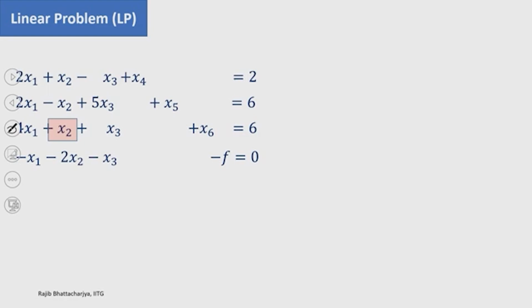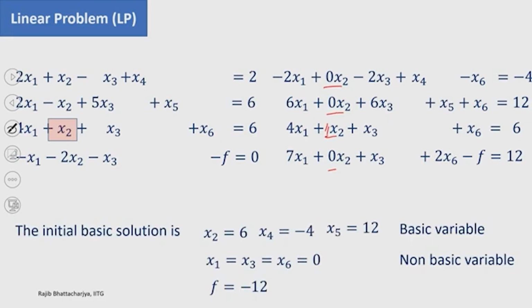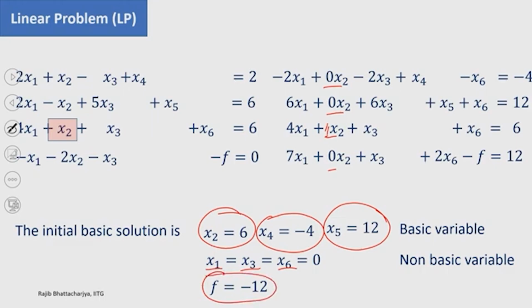Now, let us consider the x2 in the third equation as a pivoting element. In that case, what will we get? Here we are getting 0, 0 and this is 1, and this is 0, and now the solution is x2 equal to 6, x4 equal to minus 4, x5 equal to 12, and x1, x3 and x6 are non-basic variables, and f equal to minus 12.